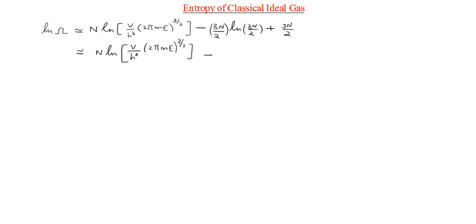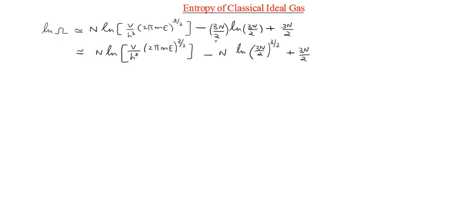I'm taking this 3 by 2 and expressing it as a power: n log of 3n by 2, raised to the power 3 by 2. Maybe you will see shortly what is the benefit of this step. I have expressed the 3 by 2 as the power of that logarithm, using log a raised to n equals n log a.